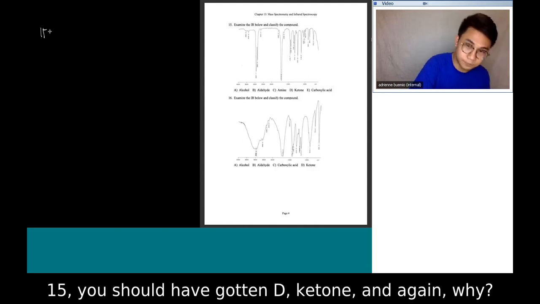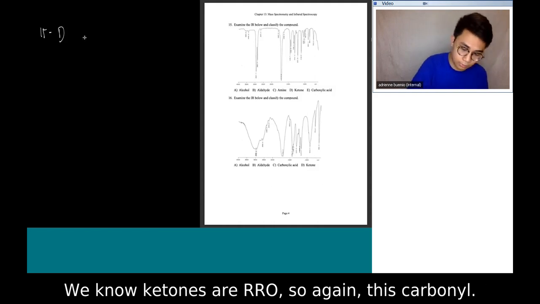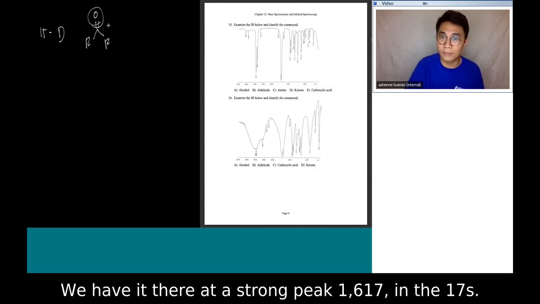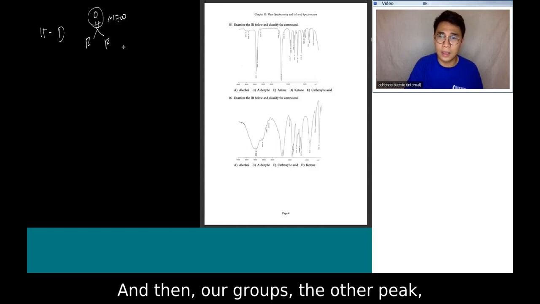15, you should have gone D, ketone. And again, why? We know ketones are R, R, O, right? So again, this carbonyl, we have it there, the strong peak in the 17s, and then R groups, the other peak.